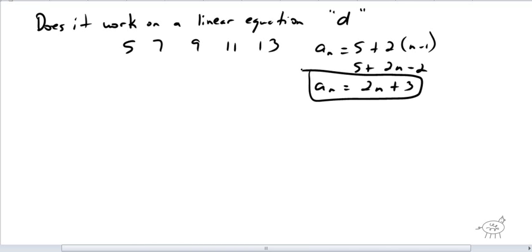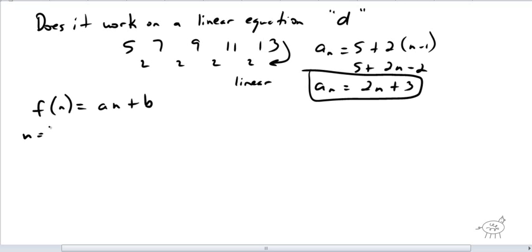But let's do it using our nice little friendly way, finding a system of equations. First of all, I recognize the difference here is 2 each time. So because it's 2, it's definitely going to be linear. So I have f of n, my general equation, is going to be f of n equals an plus b. Okay?